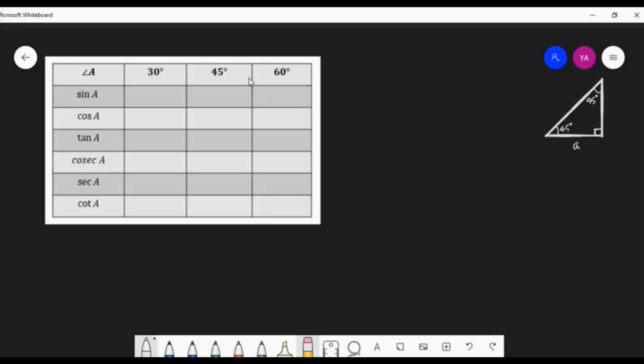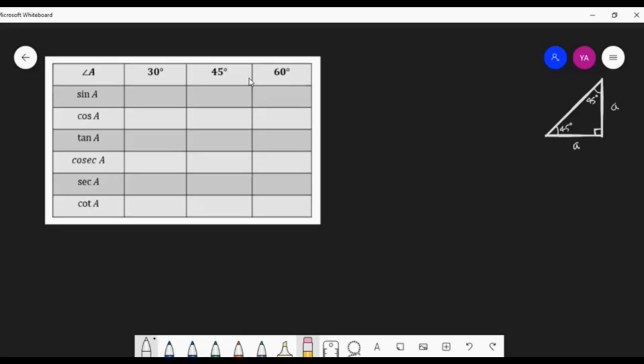In terms of A, can we write the other two sides? What will be the second perpendicular side? A, right? This is isosceles, and the sides opposite to equal angles are equal. Then what will be the hypotenuse? We can use the Pythagoras theorem.